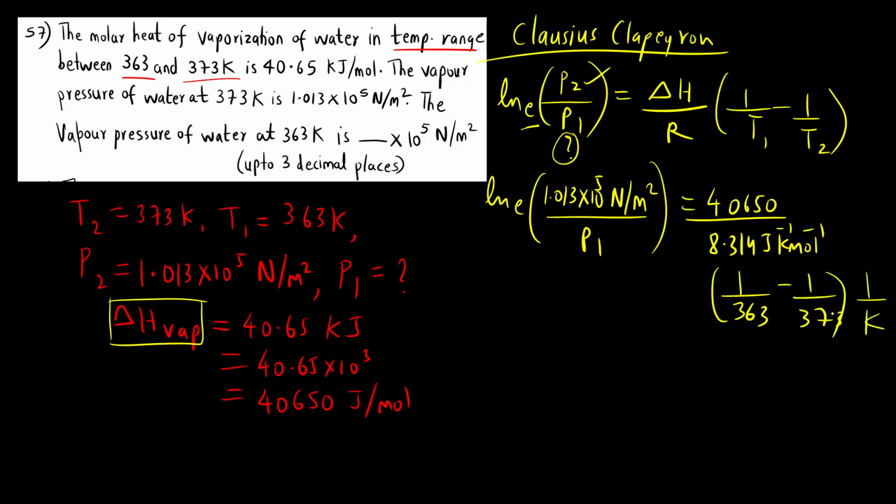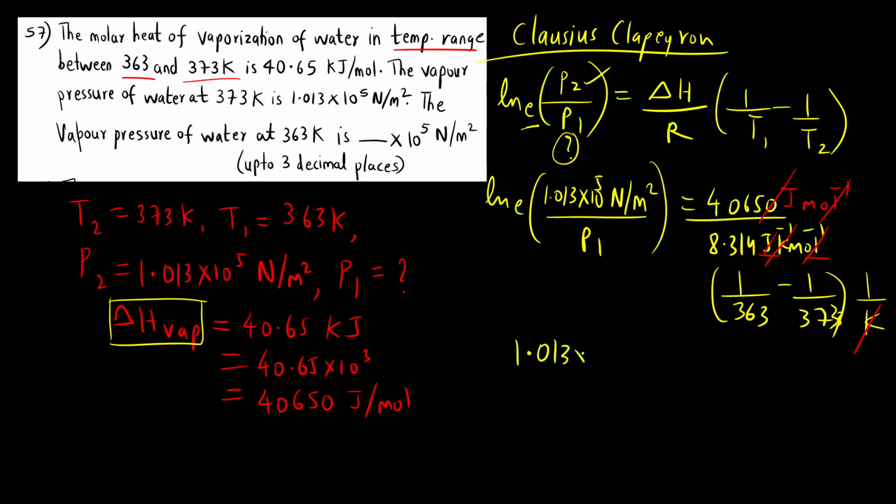Unit will be 1 by Kelvin. Check the units, very, very important, before finding the final answer. Kelvin and Kelvin inverse get cancelled. This is joule per mole and this is also joule per mole, so joule per mole gets cancelled. E raised to something should be unitless. So the units are correct.